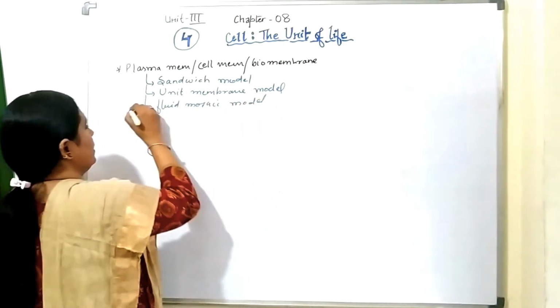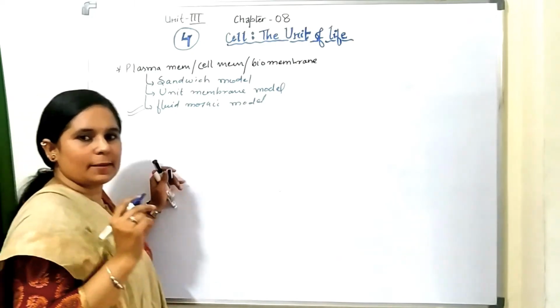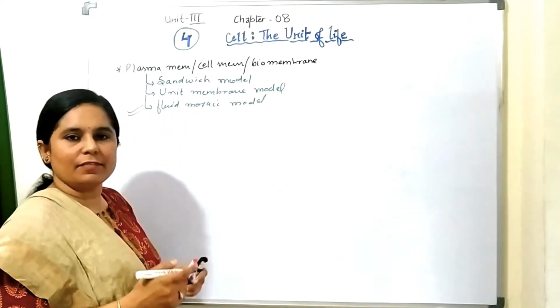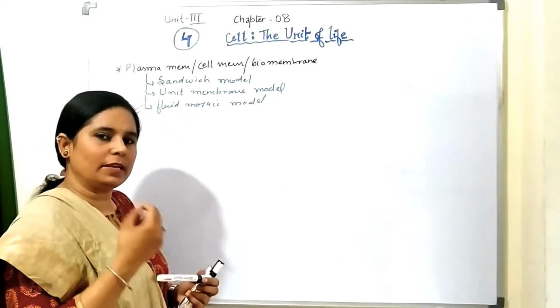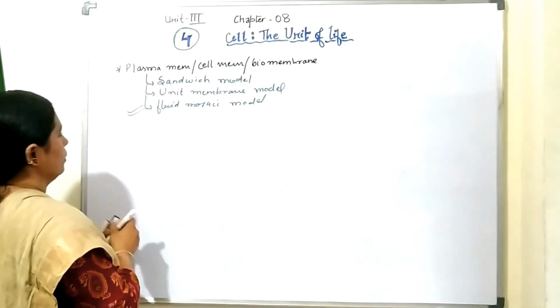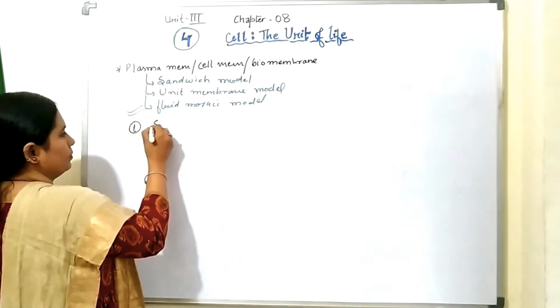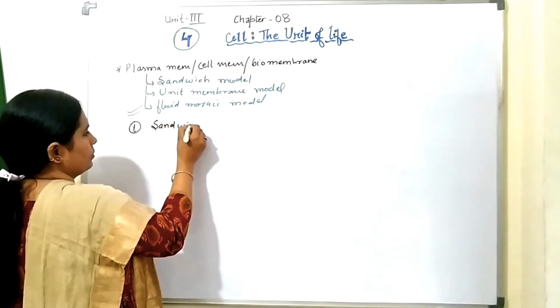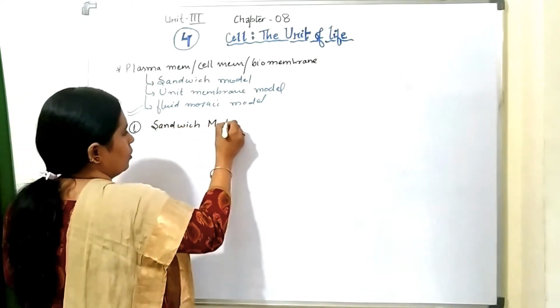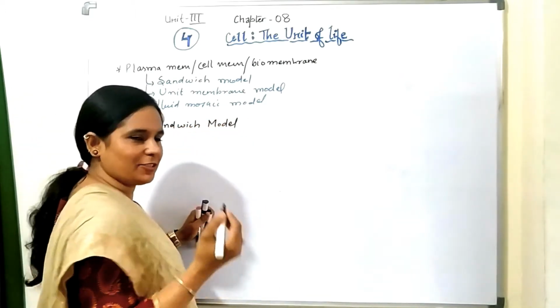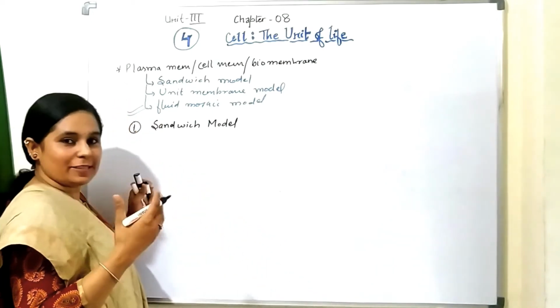Out of these 3, this one is the most accepted model. So one by one we will be talking about the detailing of each and every model. So number 1 is sandwich model. So why we call it as sandwich, I will let you know, as you all know what sandwich is.